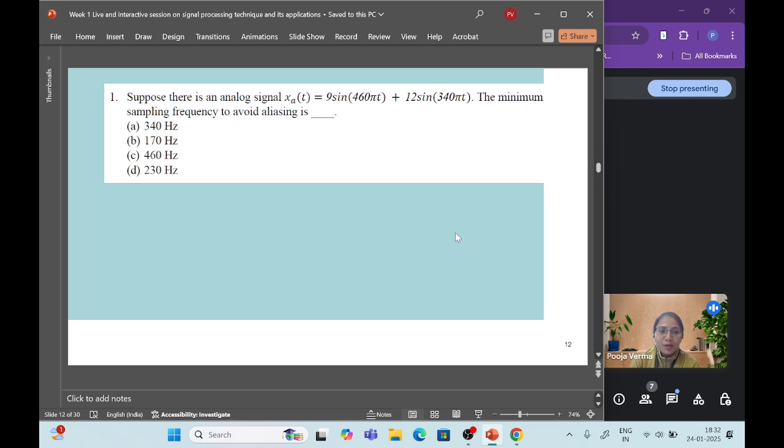We need to find the minimum sampling frequency to avoid aliasing. That means we have to obey the Nyquist criteria, the Nyquist sampling frequency. Already we know that Fs must be greater than or equal to 2Fm, or you can say F maximum.